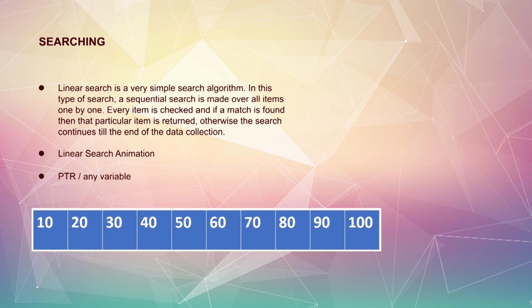I start at the beginning position, where I put the value 10. Here I fix a pointer, that is called the lower bound. This is the start of the array, and up to the last position of the data element, that is 100, here we put the upper bound. So there are two addresses, the lower bound address and the upper bound address.